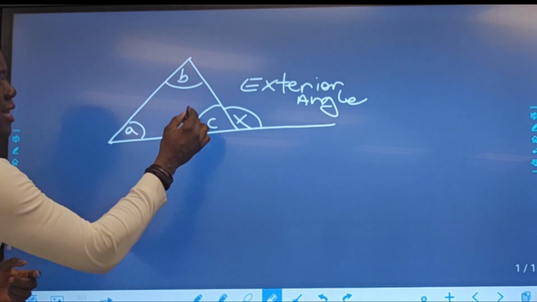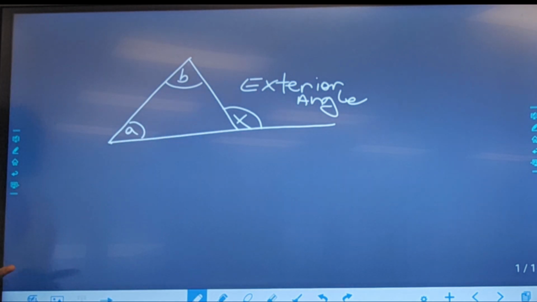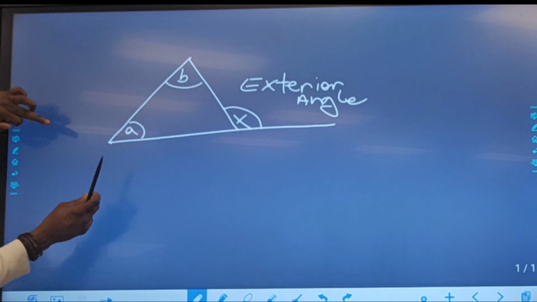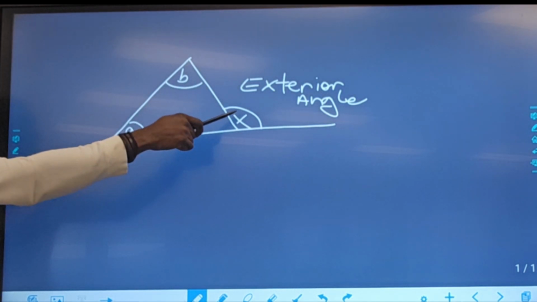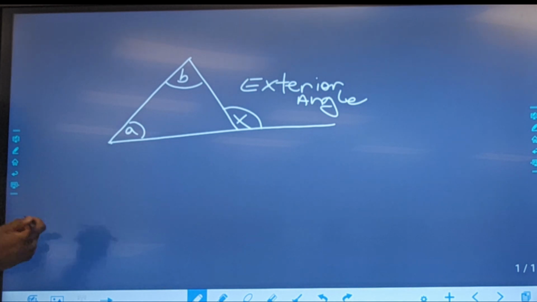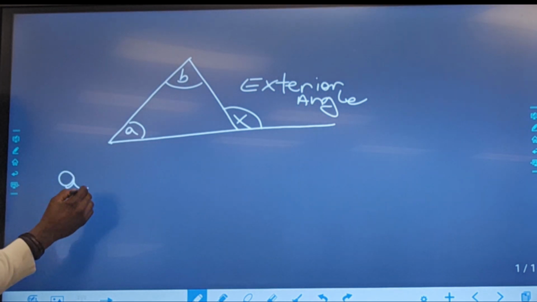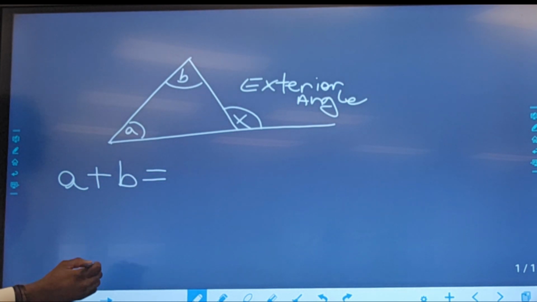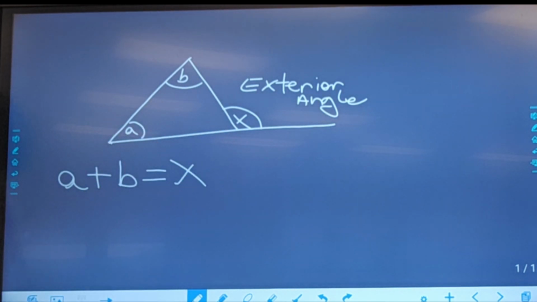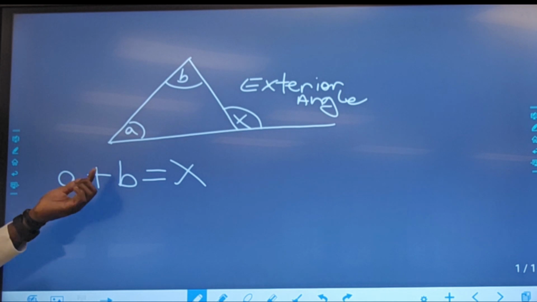It says that the sum of your two remote interior angles will give the value of the exterior angle. The value of the angle at A plus the value of the angle at B will give the value of the exterior angle. This is the principle on which we will do all the problems. So it's the exterior angle theorem.